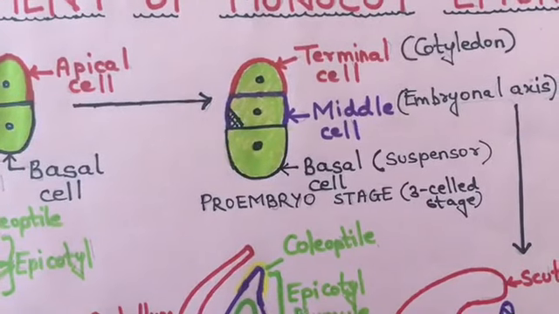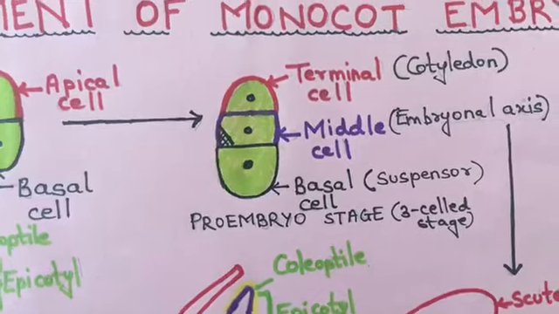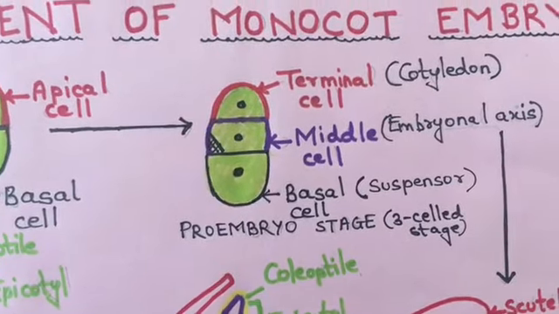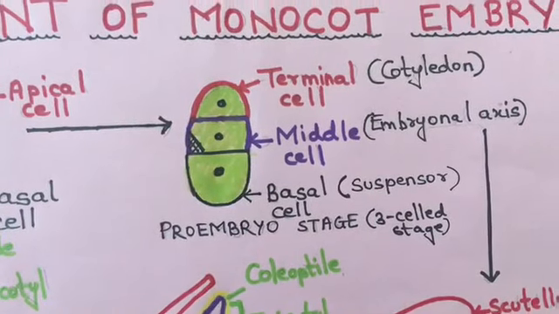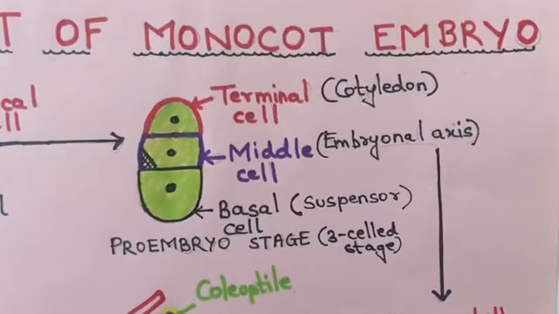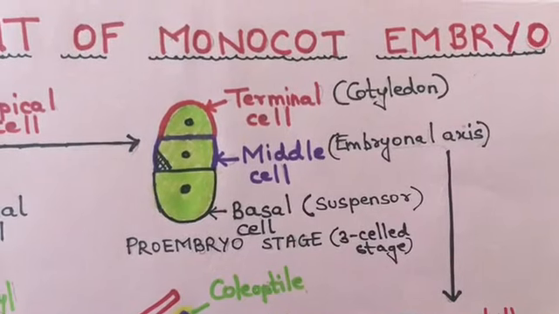As we know, the basal cell does not divide and remains the same, while the apical cell divides into the middle cell and the terminal cell. The terminal cell leads to the formation of the cotyledon, and as we are talking about the monocot embryo, it will have only one cotyledon.